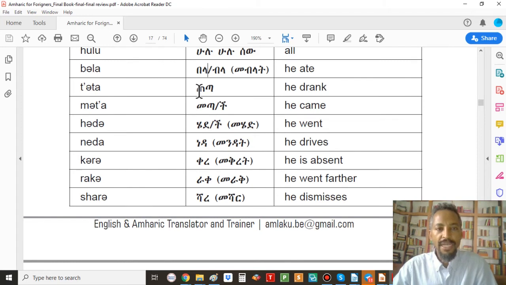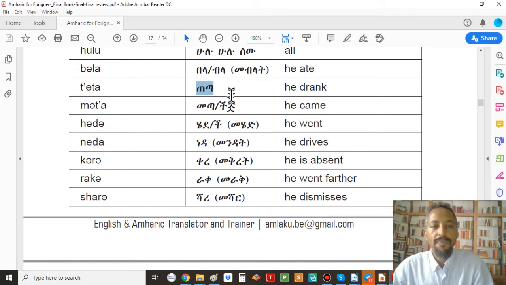And another, tata, which means he drank, used in the context of third person usage. If you are talking about he drank, then you say su tata. And if you are saying you drink, as an imperative second person sentence, you say ta.